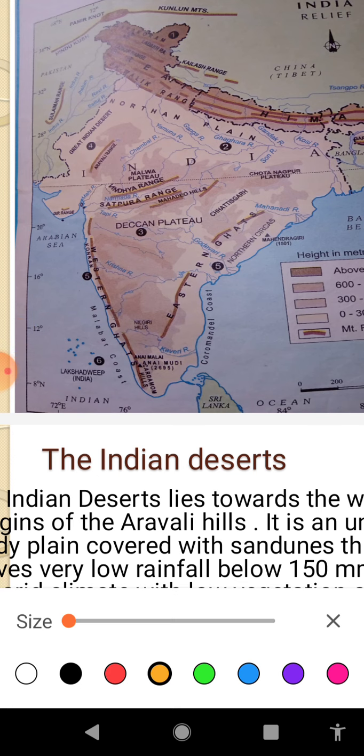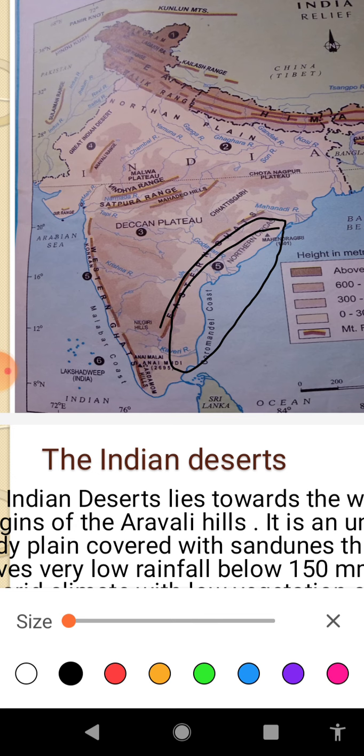If you see the position of the Eastern Coastal Plain, you will notice this coastal plain is lying to the east of the Eastern Ghat. To the east of the Eastern Ghat, we are getting the Eastern Coastal Plain.